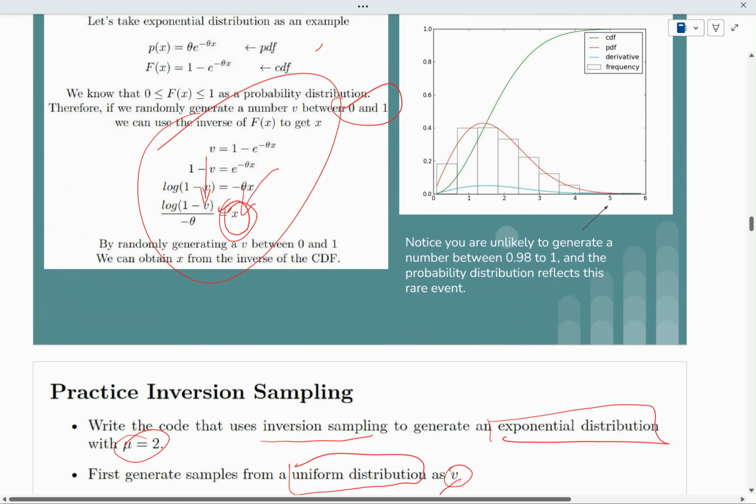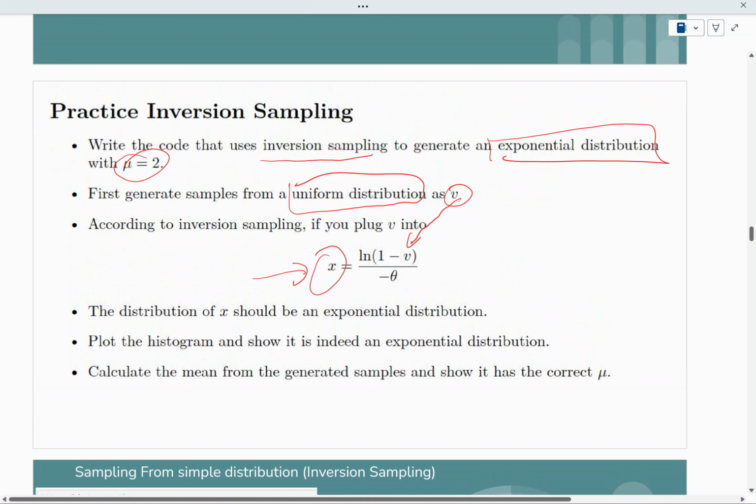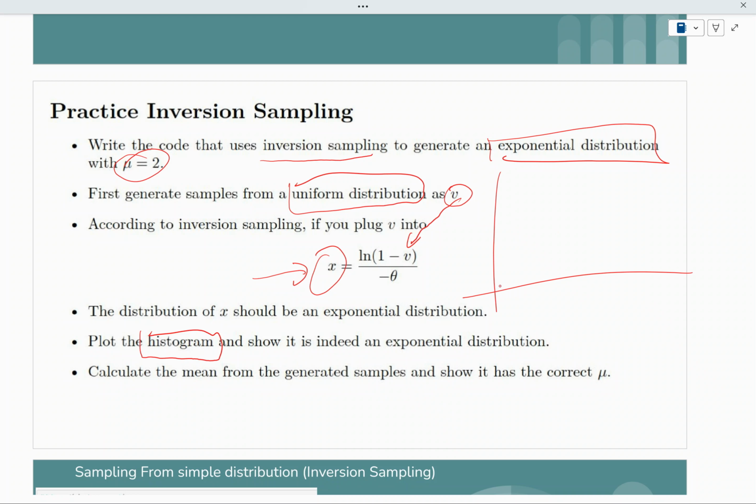The distribution of x should be exponential. So what you want to do is plot the histogram and visually see that it is indeed exponential. Then you want to draw both the histogram as well as the equation.